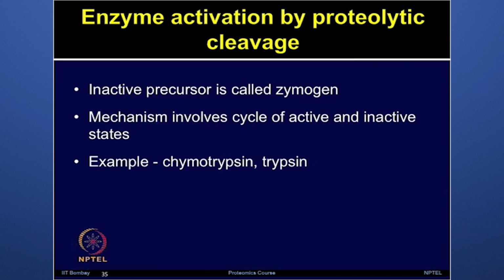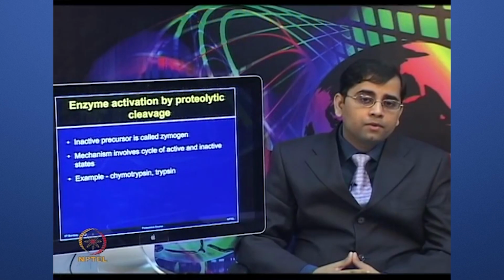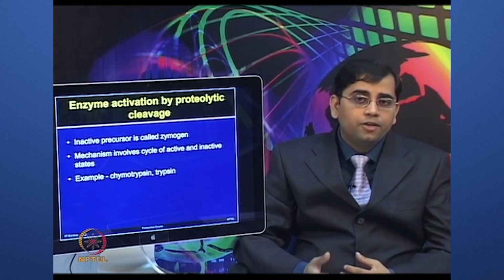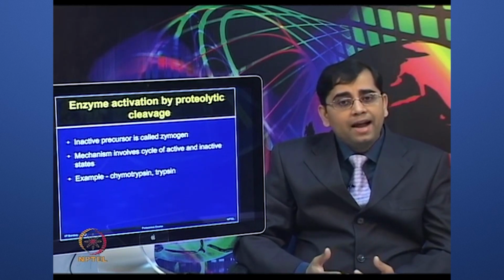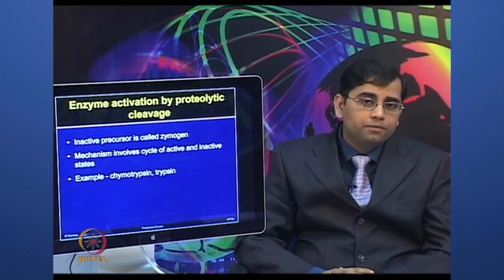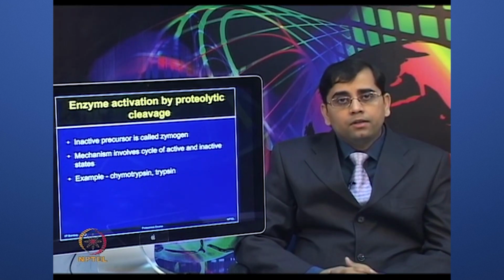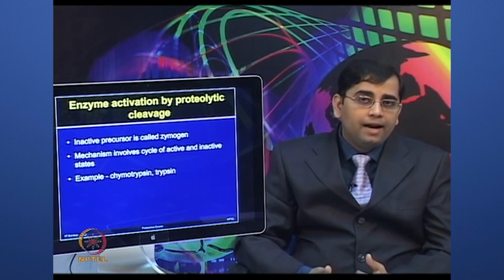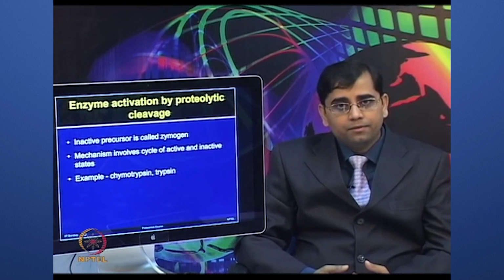One of the classical examples is the enzyme chymotrypsin, which is present in the digestive tract. Trypsin converts chymotrypsinogen, which is a zymogen, into the active chymotrypsin by hydrolyzing a peptide bond. Blood clotting due to the cascade of zymogen activation is another example.